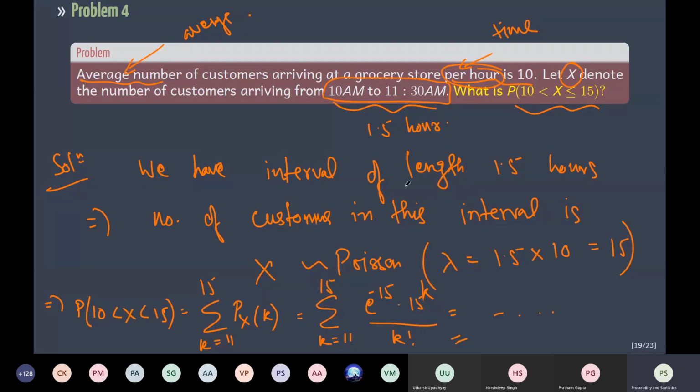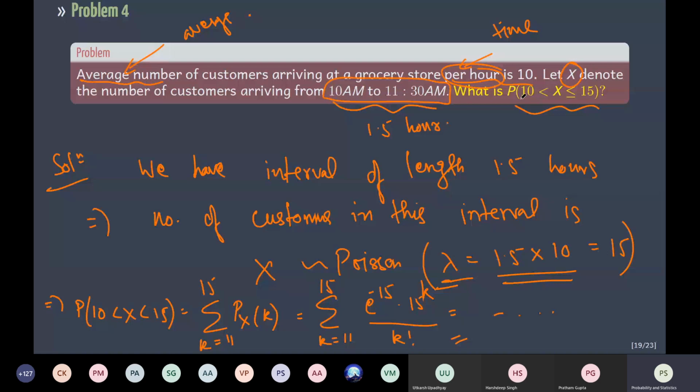The time interval for the random variable was 1.5 hours, so we scaled our average. Remember that this is something you should not forget. You need to scale your Poisson average according to the random variable's interval. Once you do that, it's a straightforward thing.